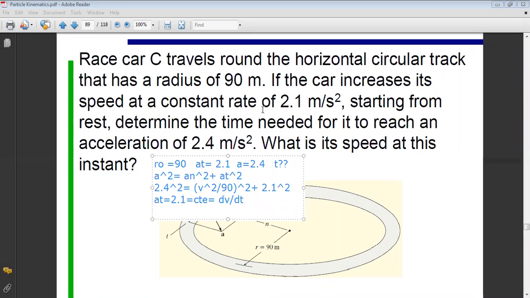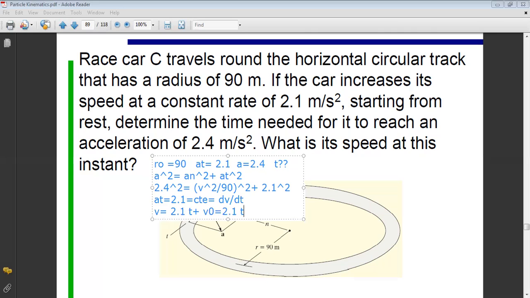What can I say? I can say that v is equal to 2.1, which is the constant tangential acceleration, times t, plus v0. But from the given, they said that the car is starting from rest. So v0 is 0, and I have that v is equal to 2.1 t.